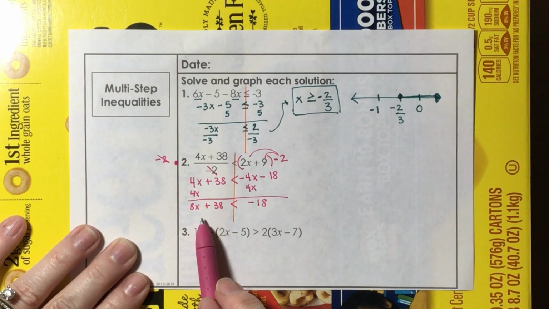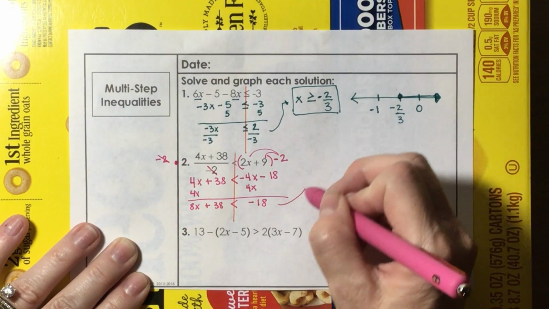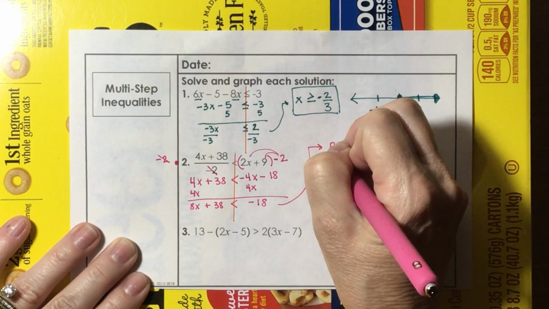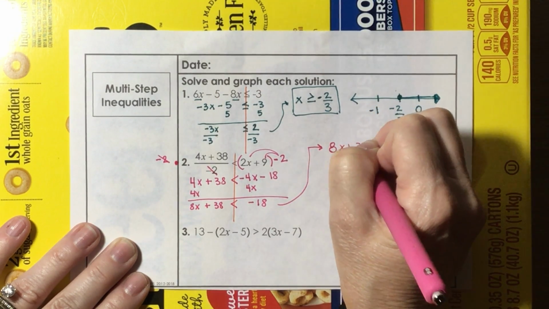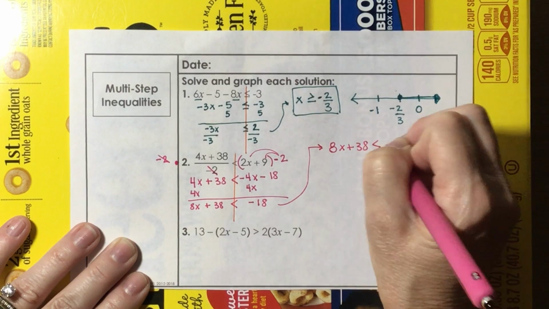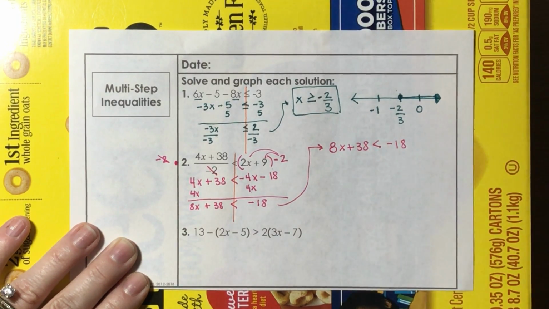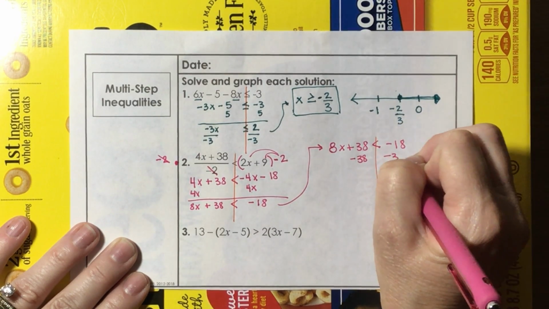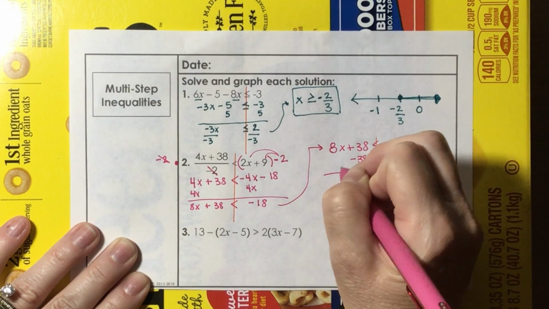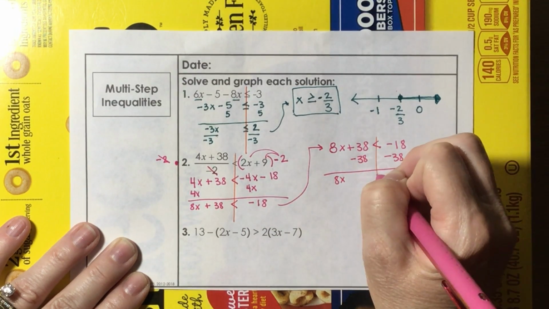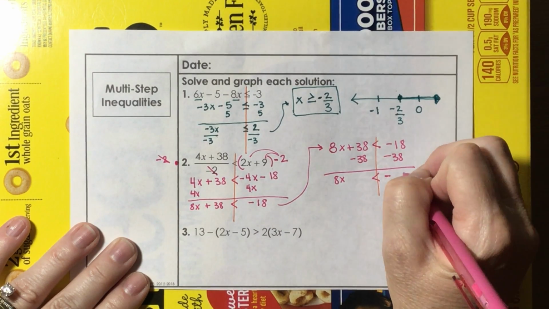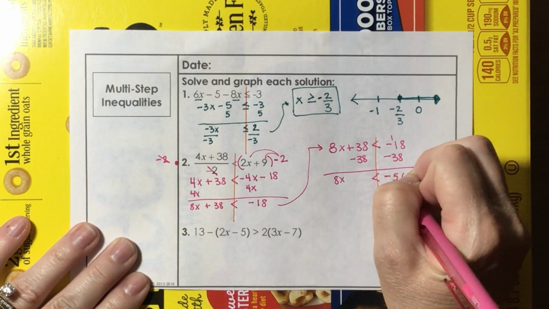And now we're back to our two-step inequality. I'm just going to move this up right now. So we have 8x plus 38 is less than negative 18. All right, so subtract our 38 from both sides, and we have 8x is less than negative 56.